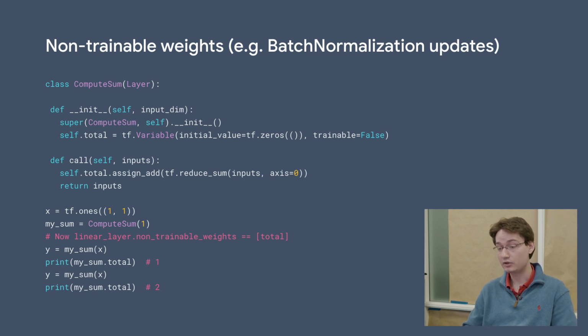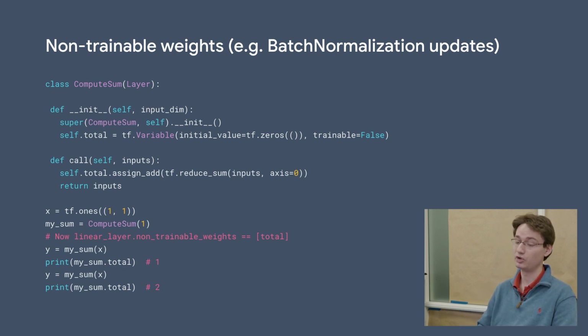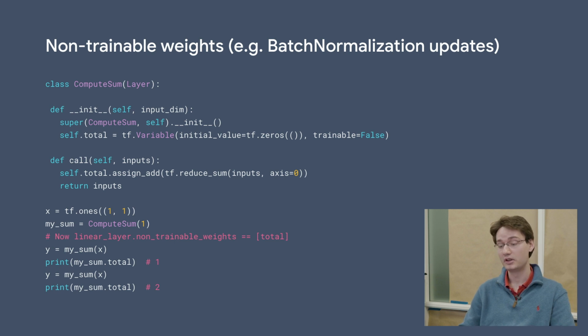Layers can also have non-trainable state. So trainable state is just variables that are tracked in trainable_weights. Non-trainable state is tracked in non_trainable_weights. It's very simple. So in this layer, in the constructor, you create this self.total scalar variable that starts at 0.